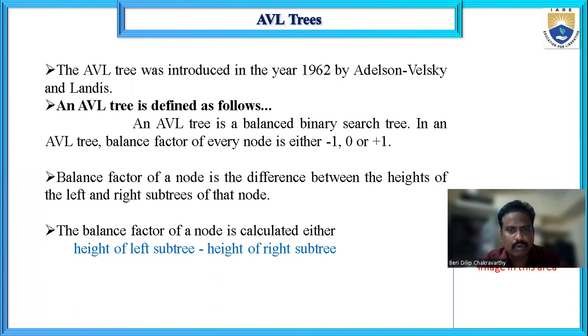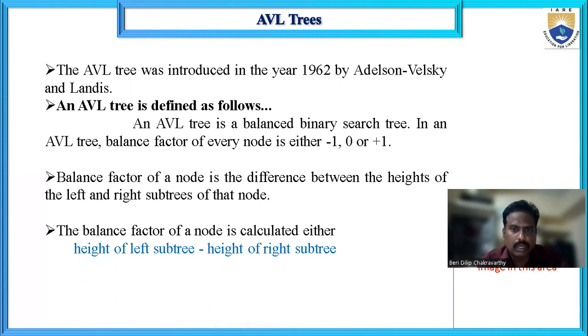The balance factor of a node is the difference between the heights of the left and right subtree of that node. We use a formula: height of left subtree minus height of right subtree. We calculate the height of the left subtree and the height of the right subtree, and find the difference between these two. If the difference is -1, 0, or +1, we'll say it is an AVL tree. Otherwise, we'll say non-AVL tree.